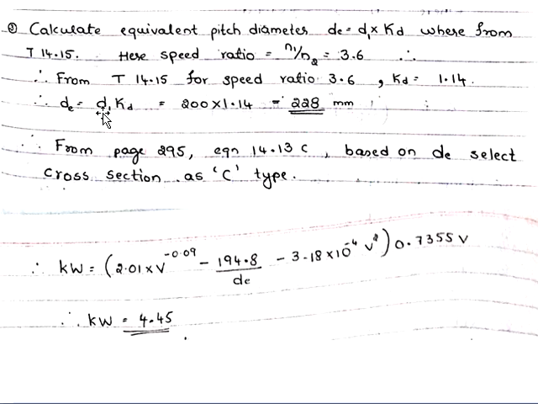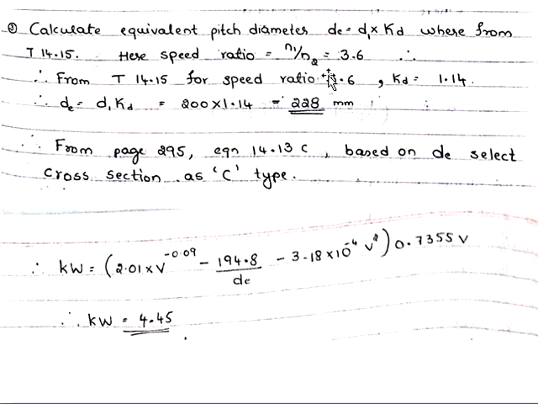Remember, in this equation D1 should be the smaller value. D1 is the diameter of the smaller pulley. After this, based on DE, identify the right equation. If you consider the first equation 14.13a, the maximum value of DE is 125. It is given in the fourth column.